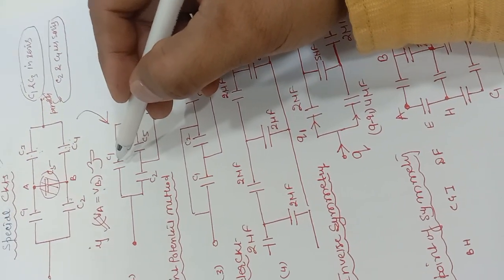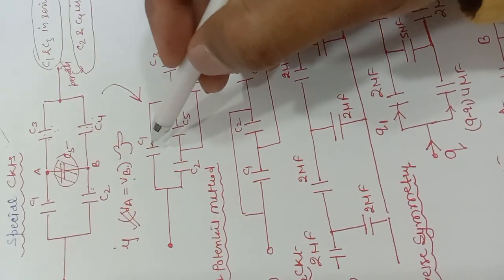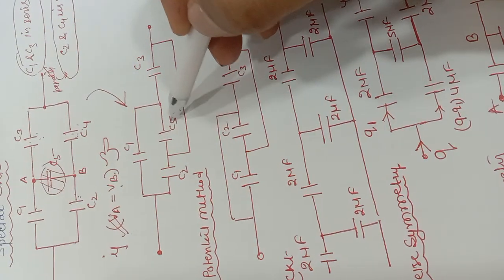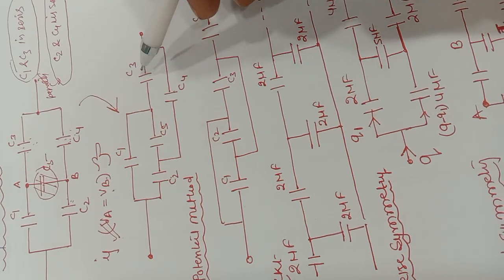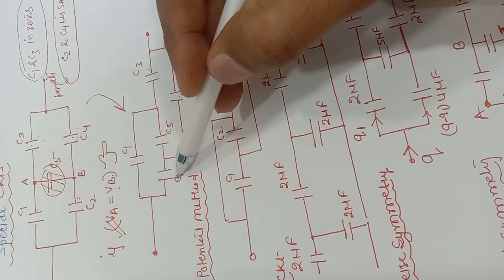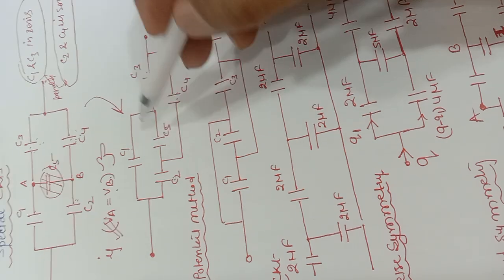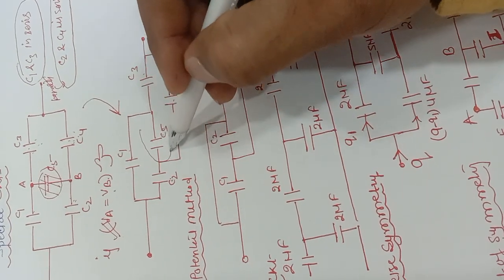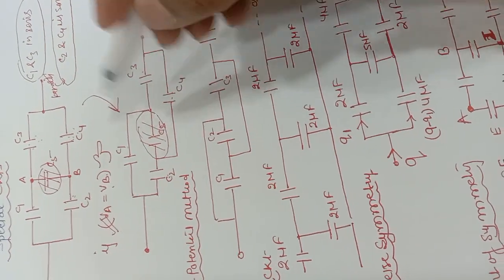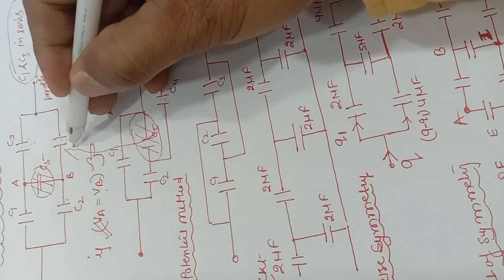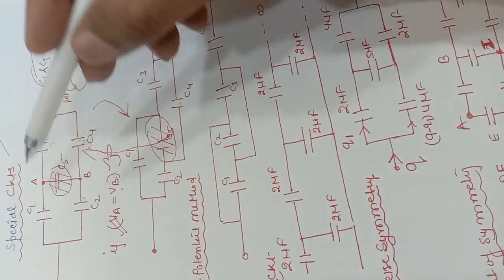Again, if there are five capacitors or resistors, 1 2 3 4 5, this is very similar to the previous situation.